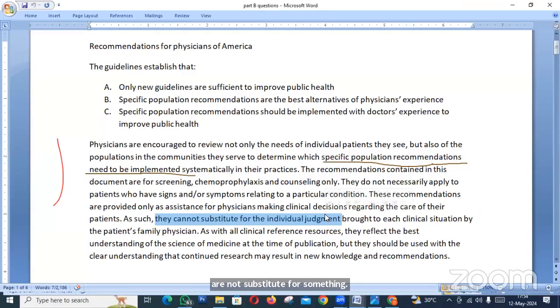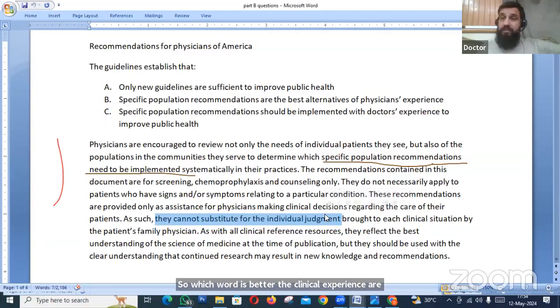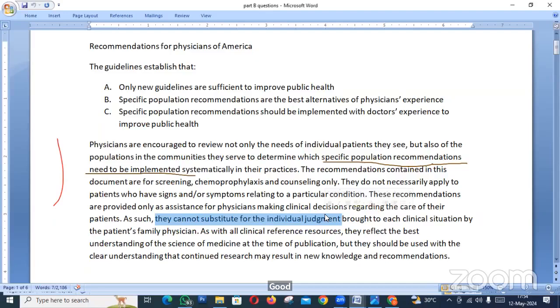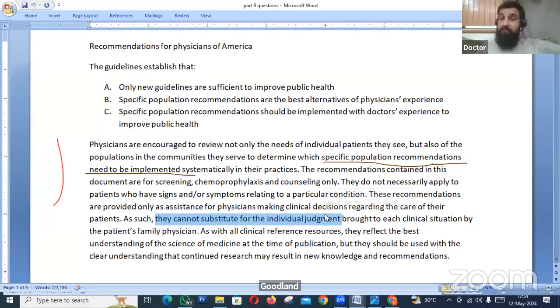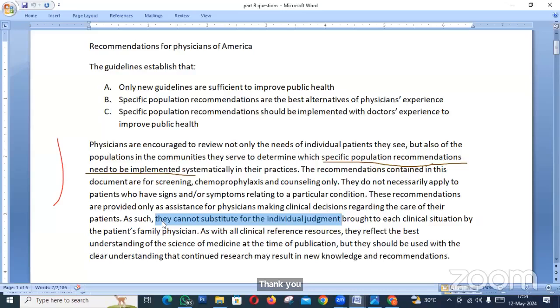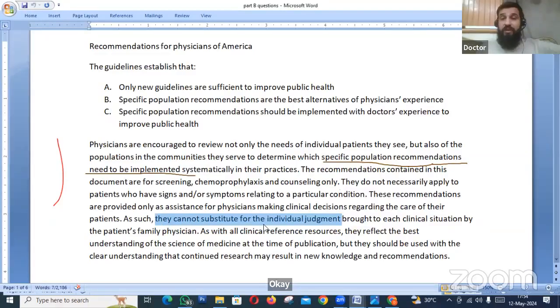Both of them are important. Which one is more important than the other one? Clinical experience more. They are saying these recommendations, these guidelines cannot substitute for the individual judgment. Okay.